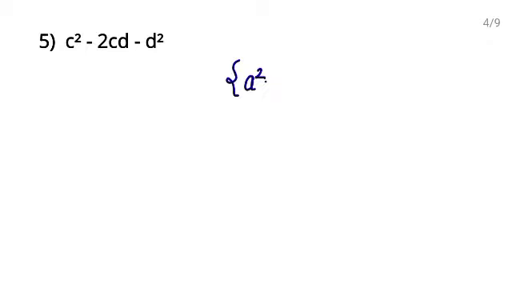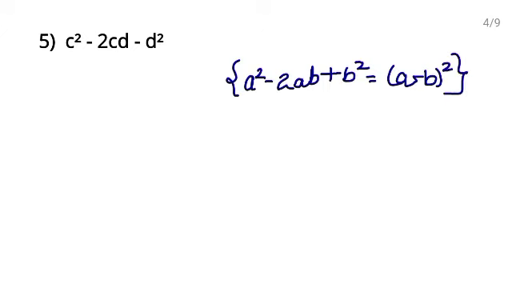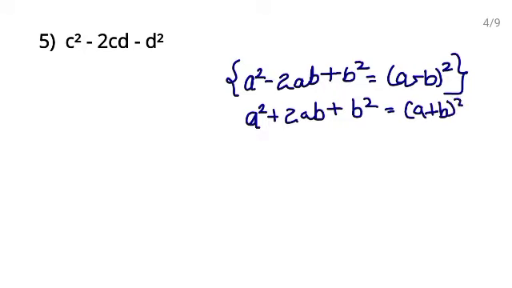A square minus 2ab plus b square is equal to a minus b whole square, right? Students, whether we use the identity of a minus b square or the identity of a plus b square, in both the cases we are getting a plus sign here.